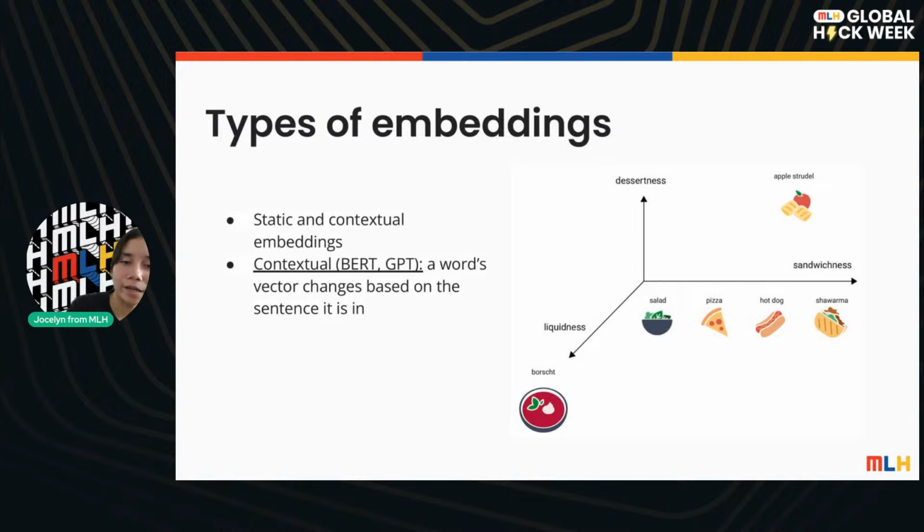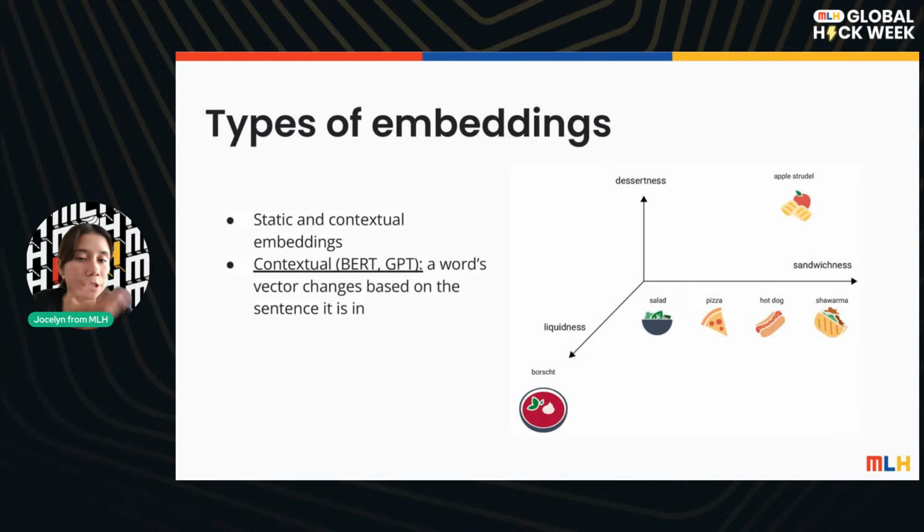So if I have a sentence talking about food, the salad is going to be in the middle, and then we have a dessert here. The pizza is almost considered a sandwich, but not too much. The shawarma is mostly considered a sandwich. Then we have the hot dog, and the salad is just in the middle. So this is how embeddings work. You can relate the words by their semantic meaning.